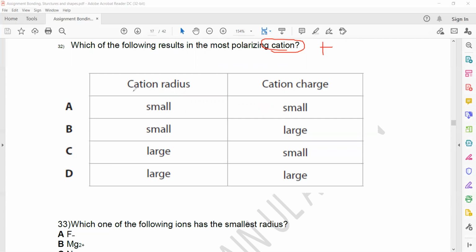So size of the positive ion should be smaller, and the charge should be larger. So that's why B will be the right answer. That is because a smaller positive ion with a greater charge will cause more distortion to the negative ion.